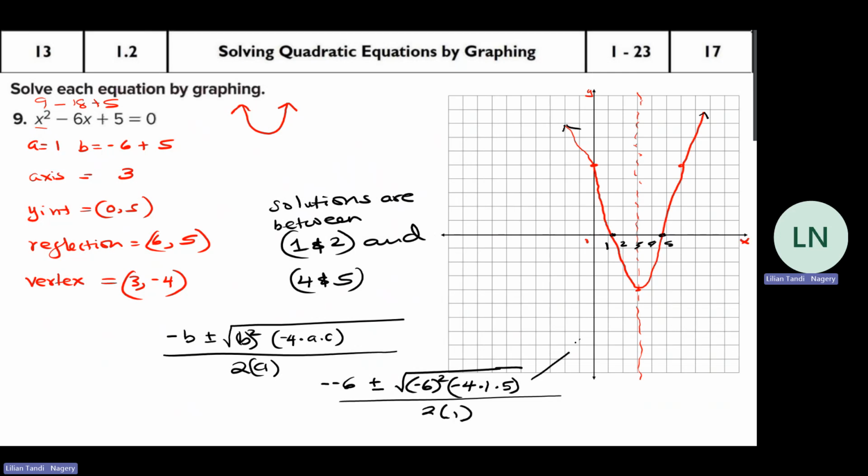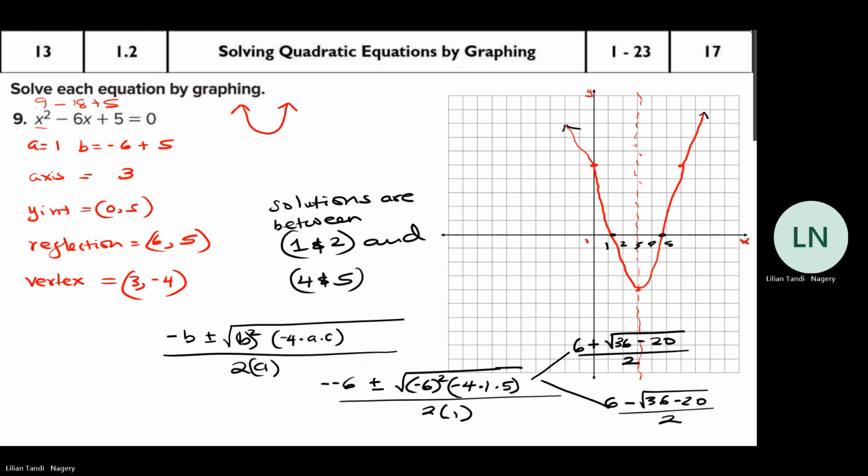So that gives you 6 plus the square root of 36 minus 20 over 2. And this gives you 6 minus the square root of 36 minus 20 over 2.